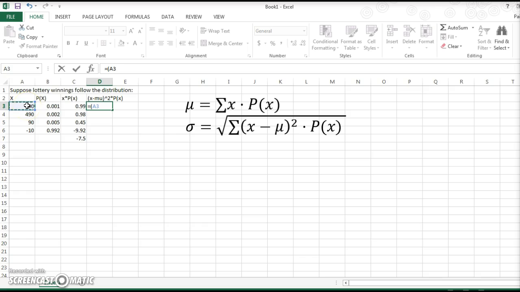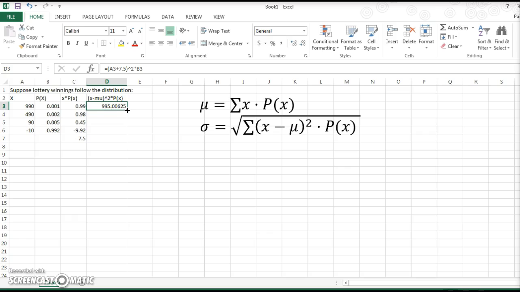So 990 minus mu, which is negative 7.5. So we can just go ahead and add that because it's a subtraction: minus and a subtraction makes it plus. So we're just going to say 7.5. Square that and times it by p of x. Push enter.